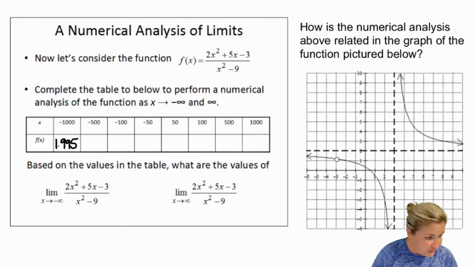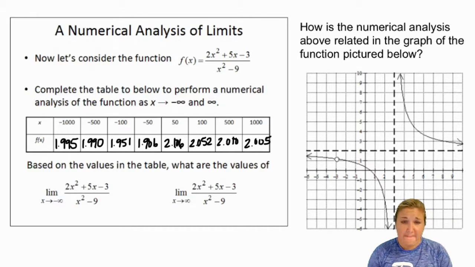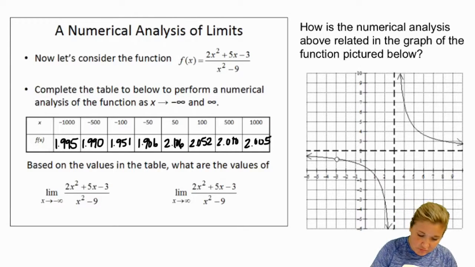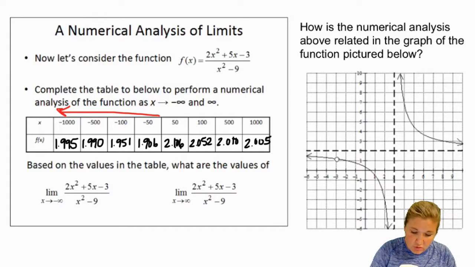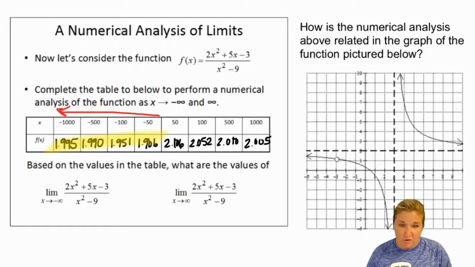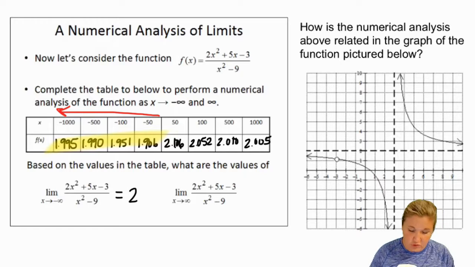I'm going to go through and fill this table out for you. All right, so based on this table, the limit as x approaches negative infinity. As these numbers start getting bigger and bigger, what do you notice about these values right there? Well, they're getting closer and closer to a certain number, obviously never touching that number, which would be 2.